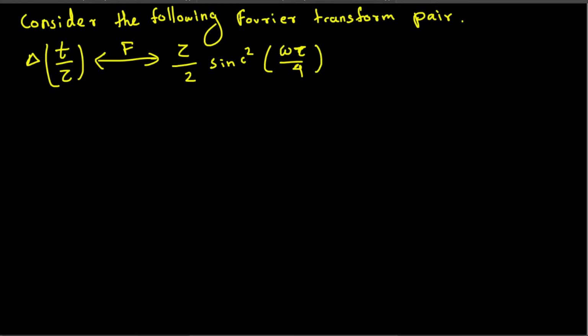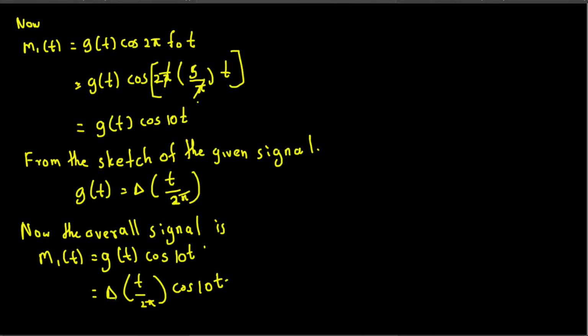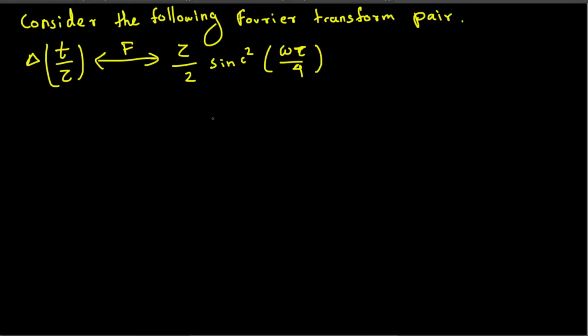Now what do we have here? Here we have triangular t over 2π. So we have to do the same thing for that. Here we have tau on the bottom, that comes to the top.